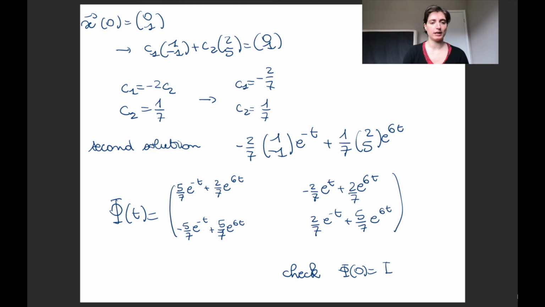I'm not going to read it out loud, but you see that exponential of minus t and exponential of 6t are scattered everywhere. And I'd like you to check that indeed, when you compute at 0, the two elements on the off diagonals, that means the bottom left and the top right, disappear, while the two elements in the diagonal give 1.